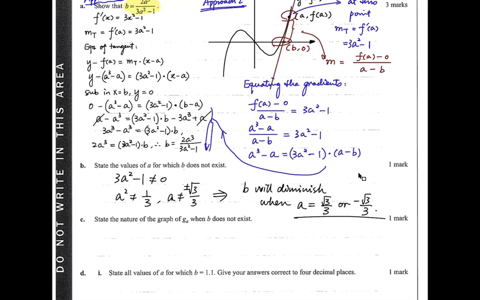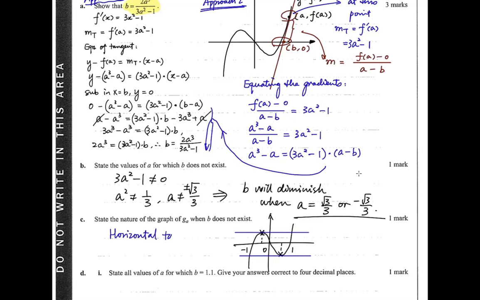State the nature of the graph of g_a when b does not exist. Okay, I've got a simple diagram here. 0, minus 1, 1. It is not very hard for us to see when a is minus root 3 on 3 or root 3 on 3, they correspond to 2 stationary points. With these 2 stationary points, the tangent at these 2 points will be very special. 0 gradient, what is that called?